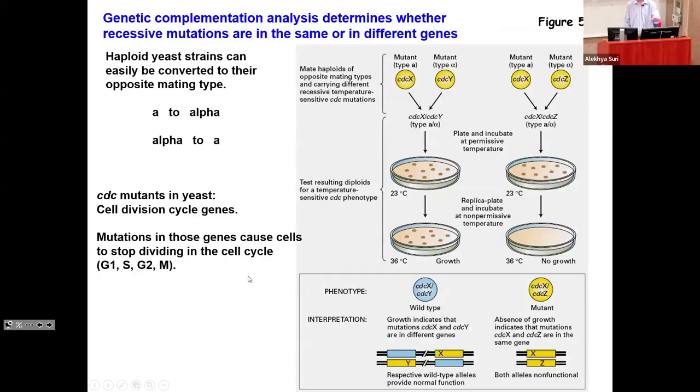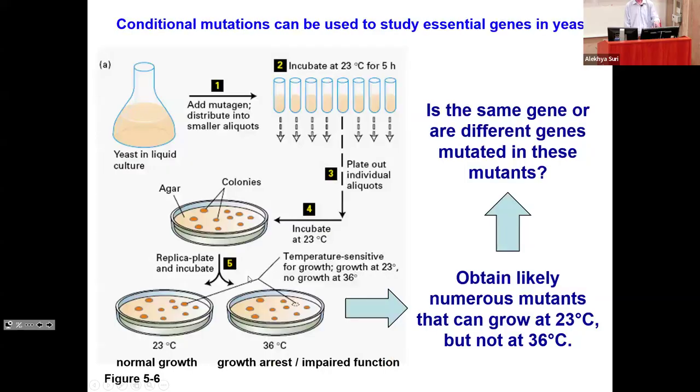It maybe looks a little bit complex, but what you do is you create diploid strains. So maybe I have to add information here that for the mutagenesis in the previous slide, when you add the mutagen, you use haploid yeast strains.